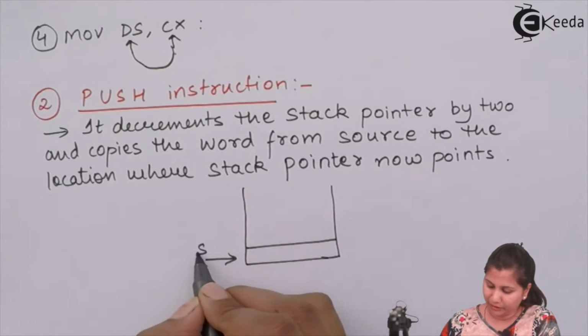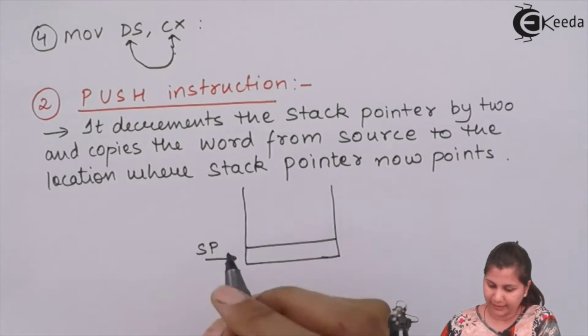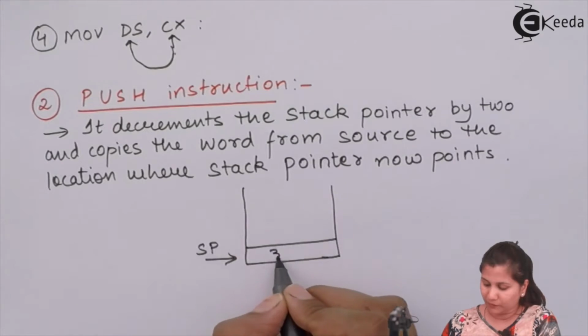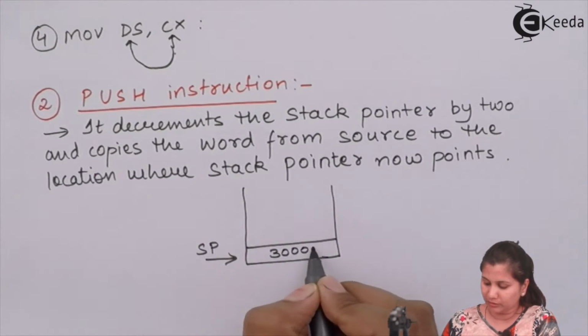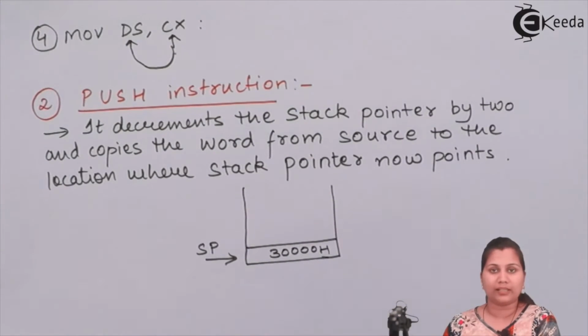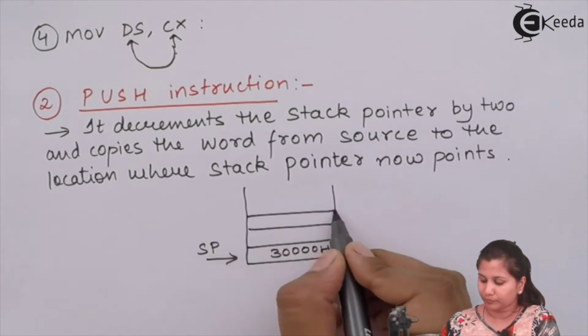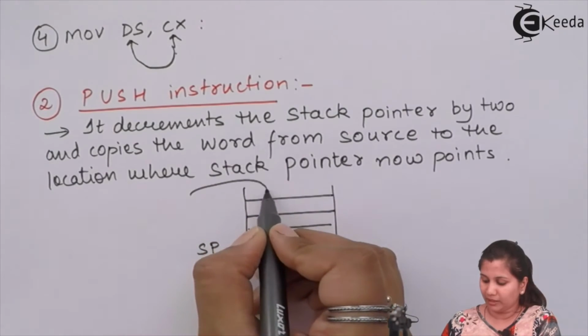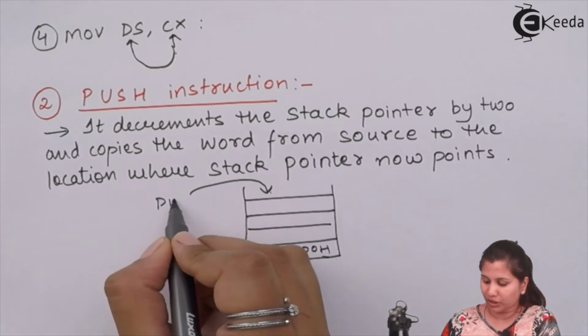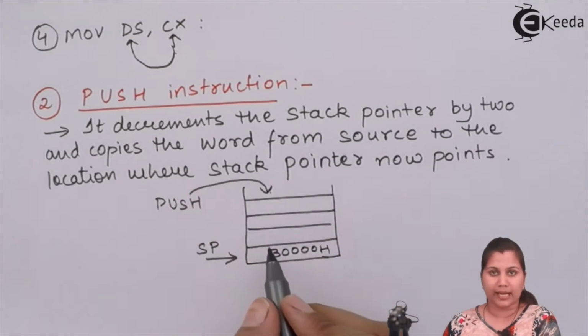So the stack pointer is going to point at this memory location. Suppose we have given here 30,000H.